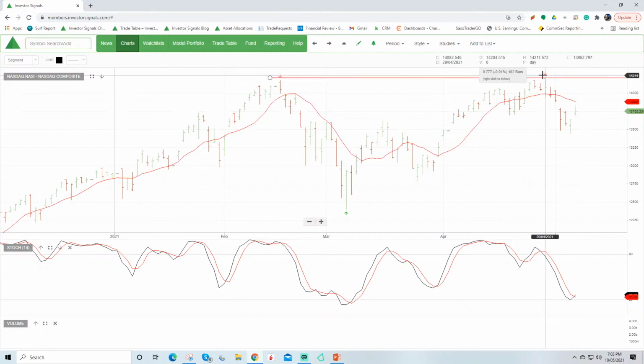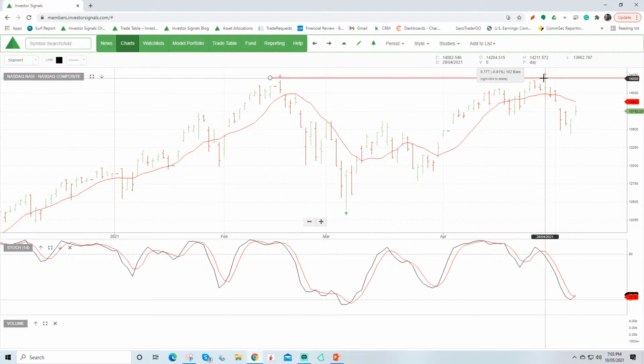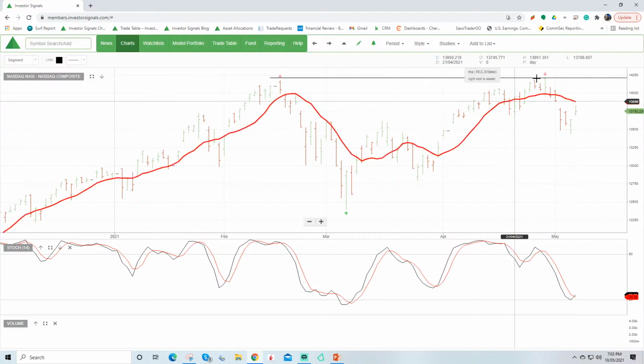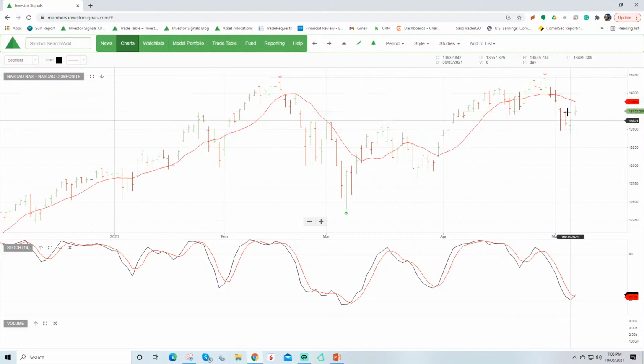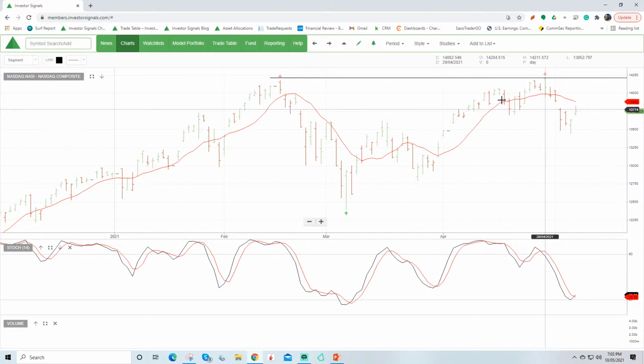Whether it trades marginally above the average is probably not so much the important issue, but do we create a lower high formation where the index fails to continue breaking above these prior highs? So do we get a rollover pattern somewhere below this sort of 1400 level in the index? That's what we'll be watching for.